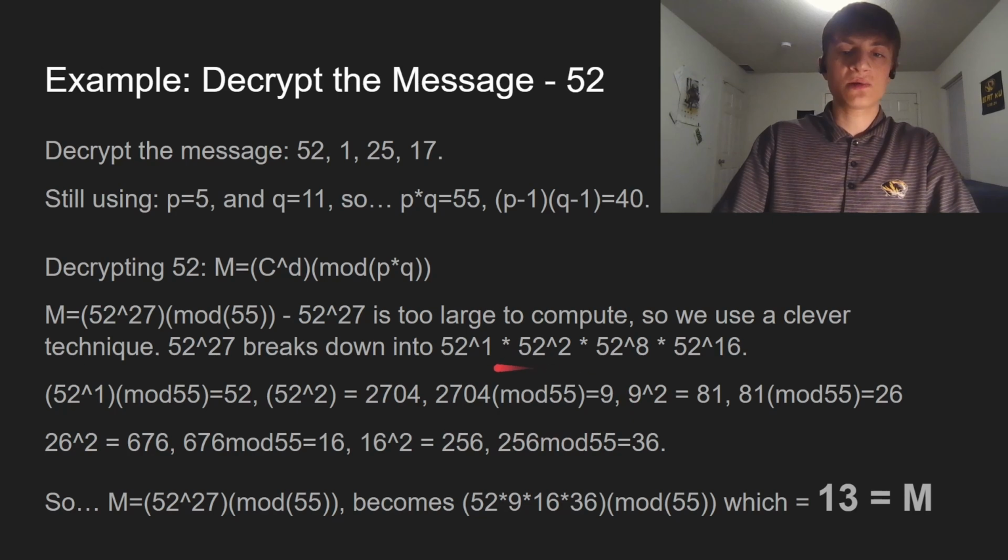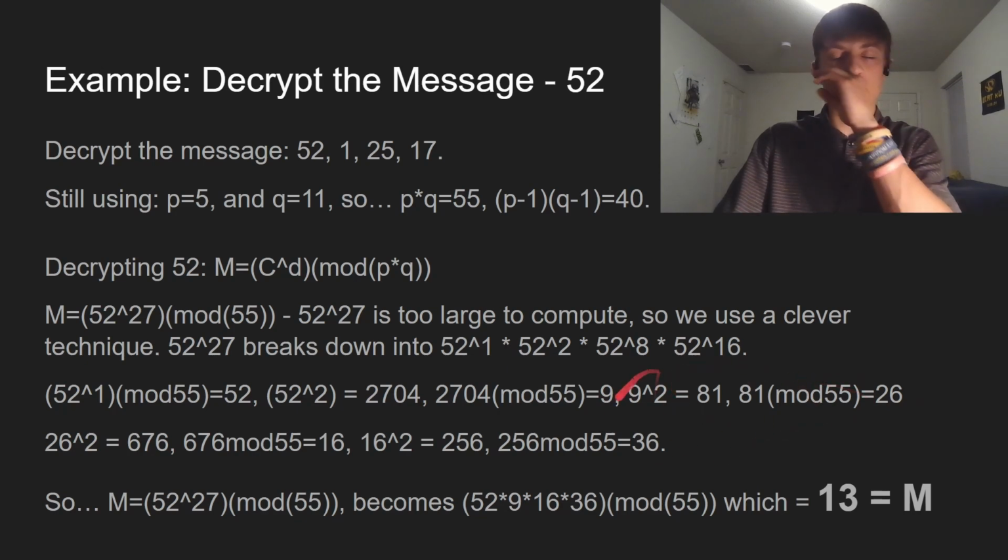Next we take this 9, the squared number, and because squared squared is the 4th power, that's essentially what we're doing here: finding 52 to the 4th power mod 55 without actually computing 52 to the 4th. Whenever we take 9 squared, we get 81, and 81 mod 55 is 26.